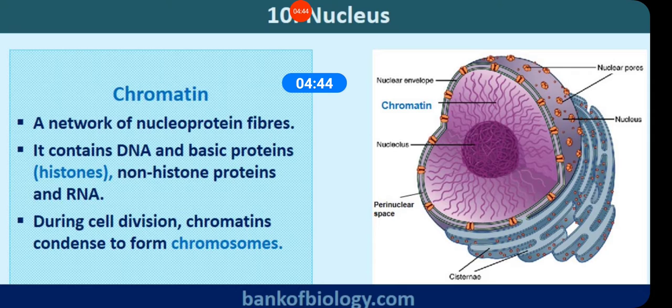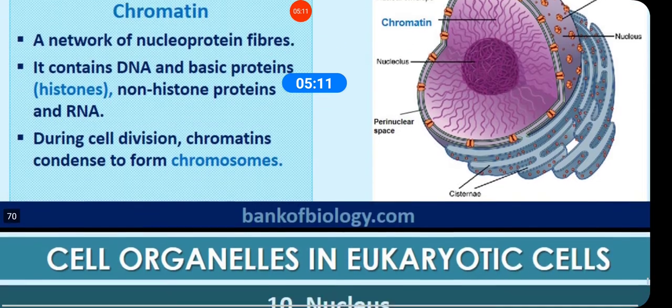It is the combination of the DNA and the basic proteins called histones, non-histone proteins and RNA. So these are present on the chromatin fiber. And mind it, when the cell is not dividing, it is called a chromatin network. But when the cell starts dividing, the chromatin network gets condensed, meaning it gets shortened and thickened to form chromosomes.